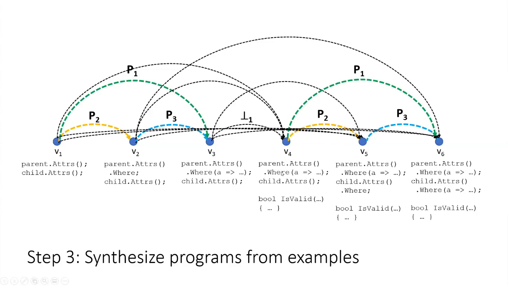But if we run all these programs on the code base, we will produce many false positives, right? Because there are many partial changes. For instance, from V1 to V2, it's just a partial change. We do not want to show this to a user. So the final step of the technique is ranking all these programs so that we show the programs that are likely to be the correct ones.